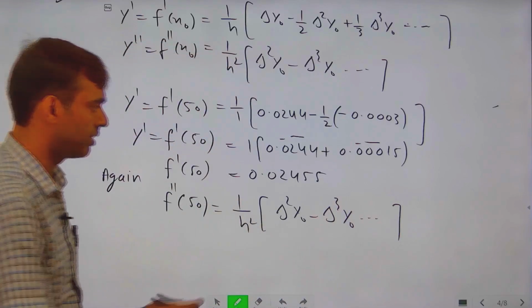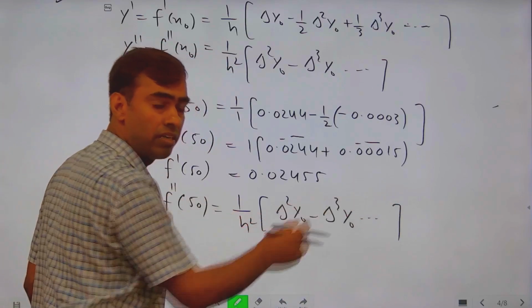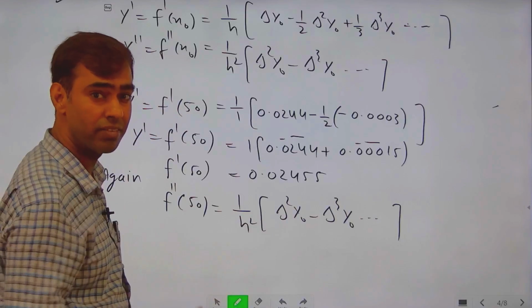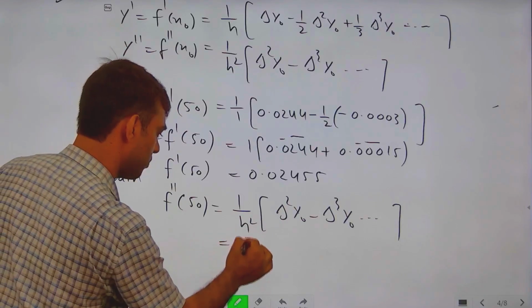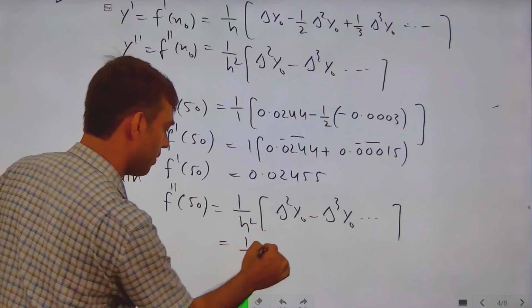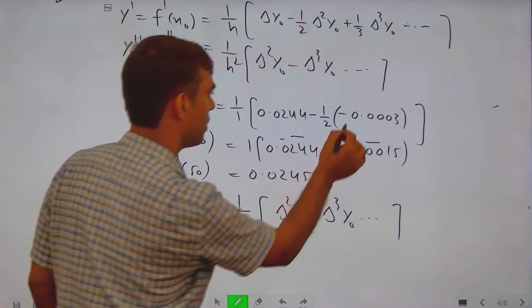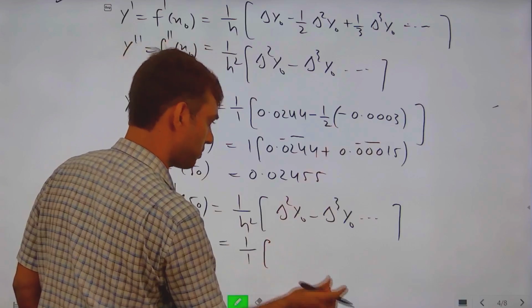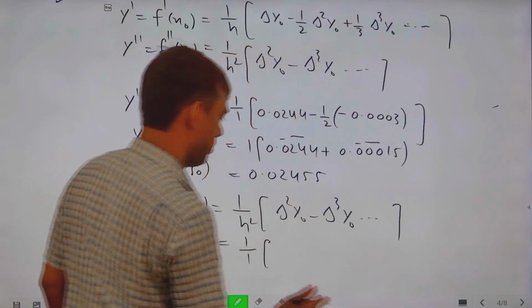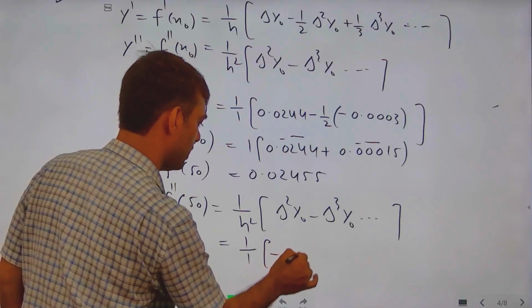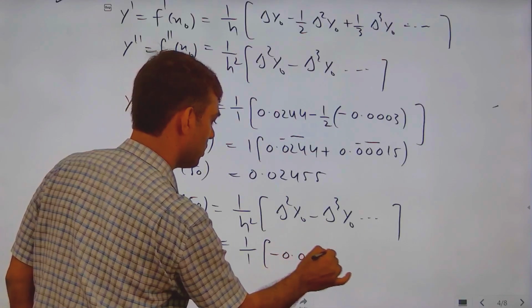Since del 3y0 and all other order differences are 0, the value becomes 1 upon 1 square times del 2y0, which is minus 0.0003.